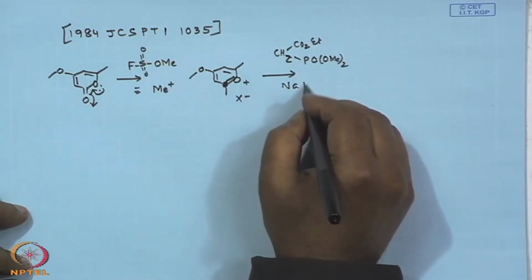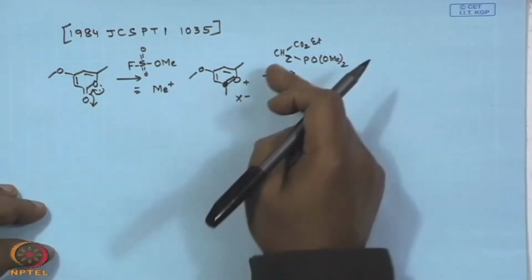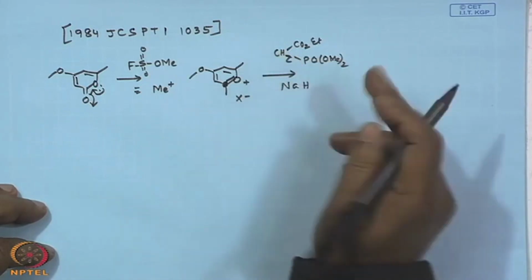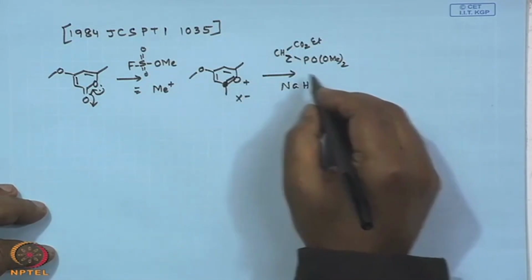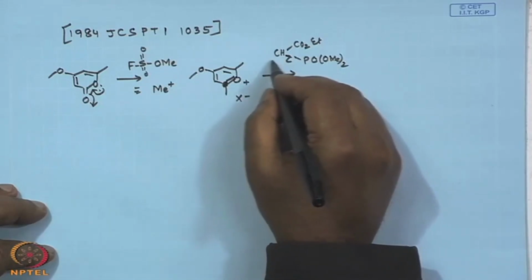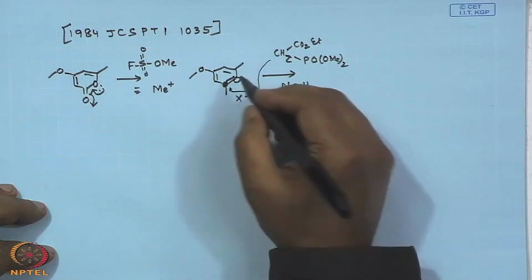So, what do you expect? It forms the carbanion here, and this carbanion would attack this carbon of the carbonyl.